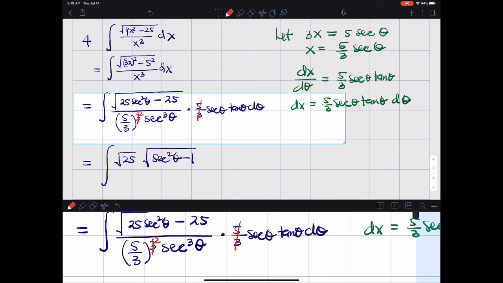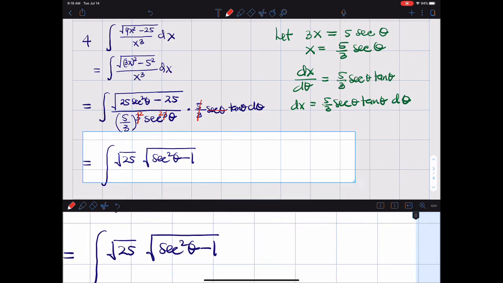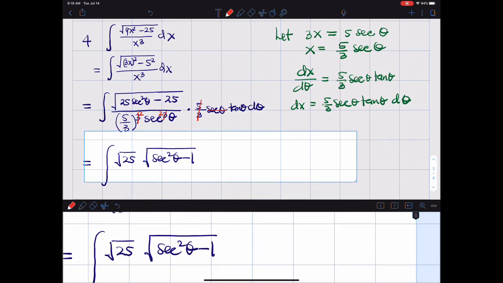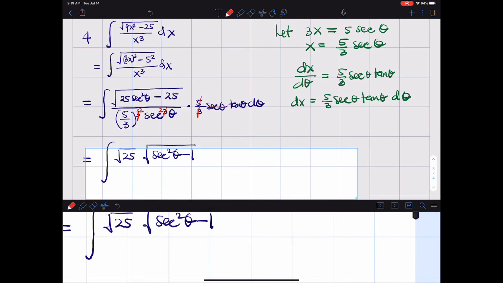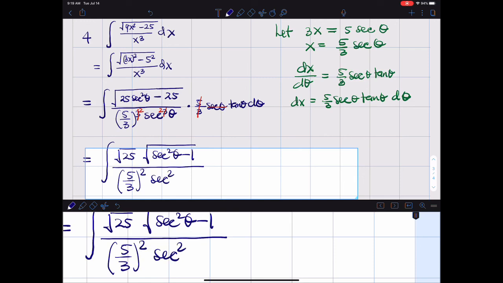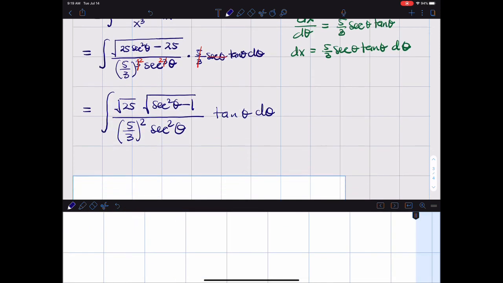We can cancel secant and one of those, it just becomes 2 also. And then let's see what we have so far. We have the square root of 25, which is 5. And then in the denominator, we have (5/3) squared secant squared theta. And then we have tangent theta d theta.